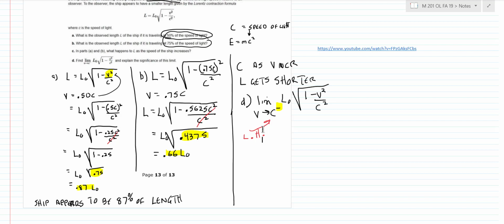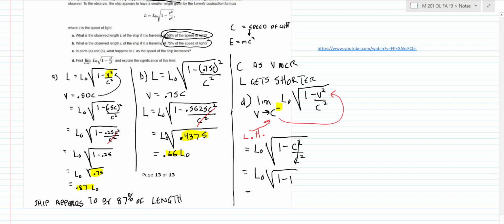So essentially what we're going to do is just plug the c in. What you would end up having is L naught times the square root of 1 minus, replacing v with c, c squared over c squared. That would cancel, so you're left with L naught times the square root of 1 minus 1. So that's L naught times 0. So it looks like that approaches 0.